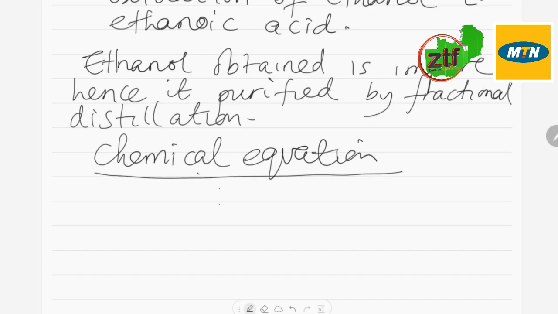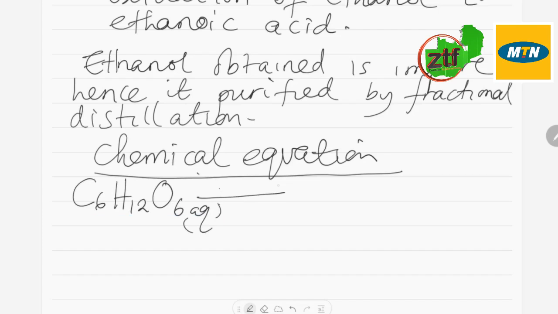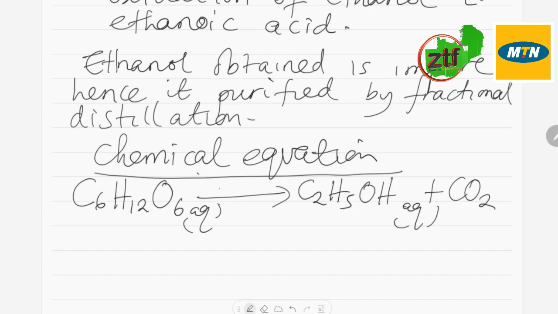We have glucose, which is C6H12O6 aqueous, being converted to C2H5OH aqueous plus carbon dioxide. Remember, the formula for ethanol can also be written as the condensed formula CH3CH2OH. You can balance it in that way.